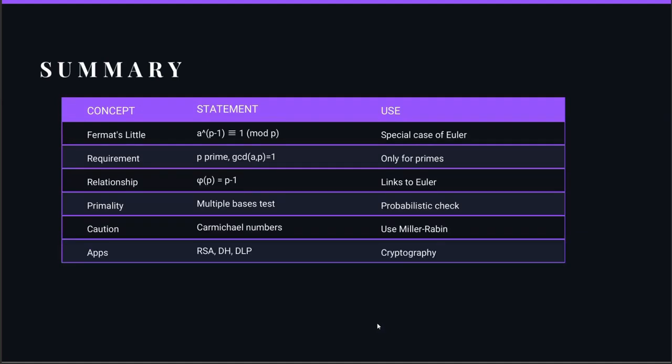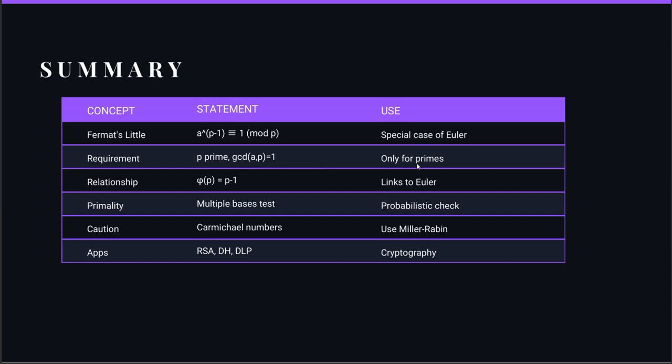Let's summarize everything that we learned in this lecture. We started by studying Fermat's Little Theorem, a raised to p minus 1 congruent to 1 mod p, where p is a prime number and a is coprime with p. Then we saw that Little Fermat's theorem is actually a special case of Euler's theorem.